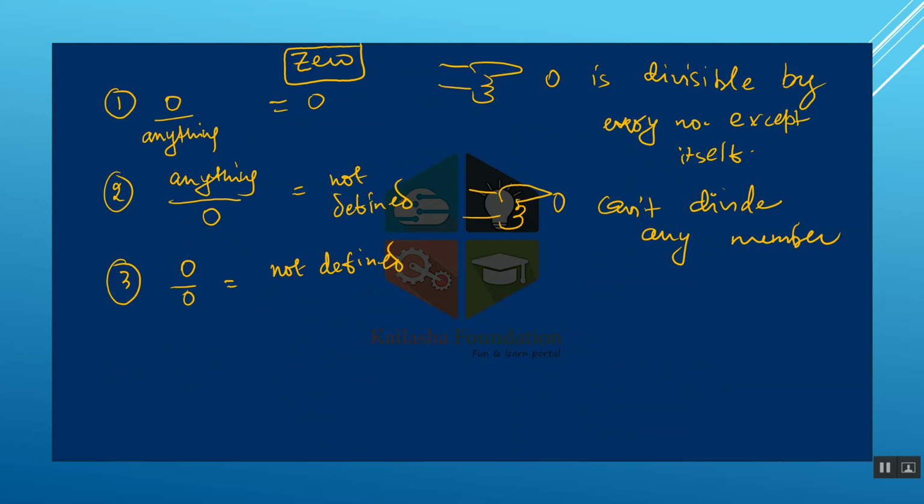We have also talked about recurring decimals, 0.9 recurring.